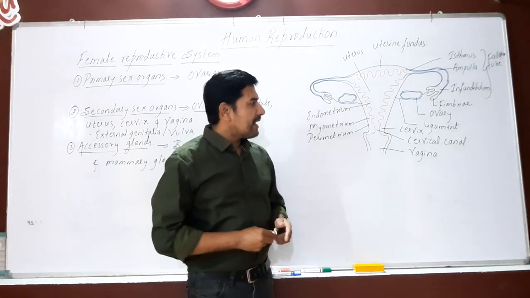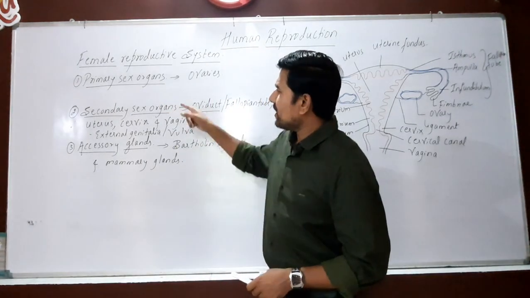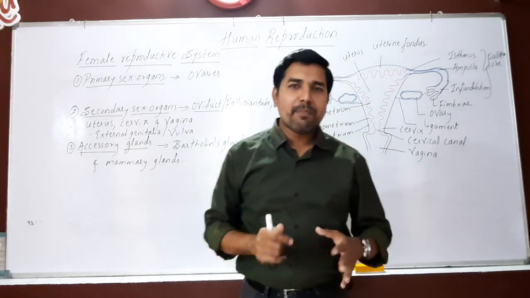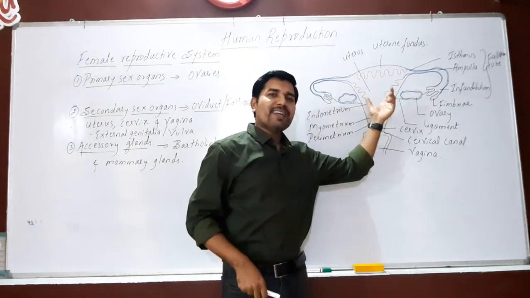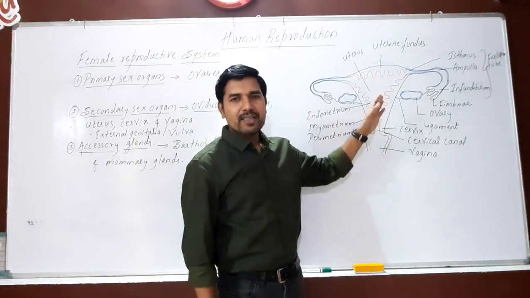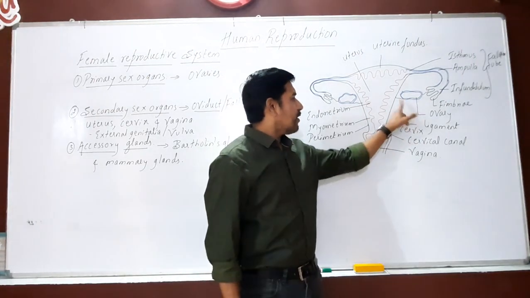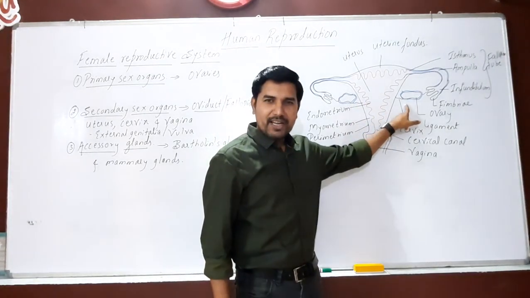Now if we look at each of these parts one by one, look at the first part, primary sex organ, a pair of ovaries. Where exactly is the location of the female reproductive system? It is in the lower abdomen, in the pelvic region, and a pair of ovaries are there.